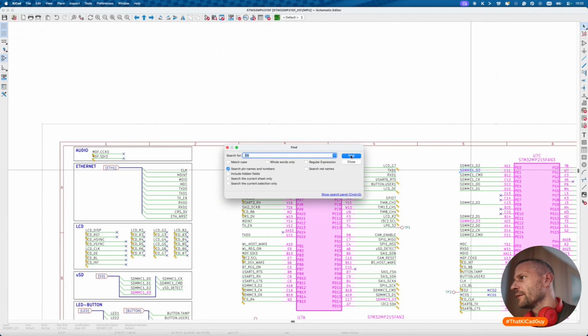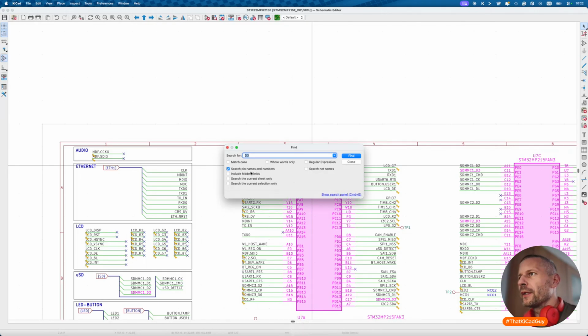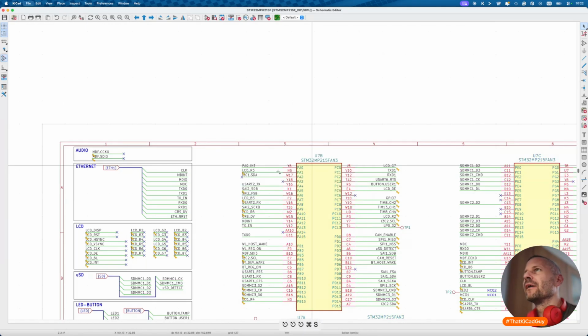I can't see it. It doesn't work. I want to search only through pin names, not the other things. I don't know how to do it.